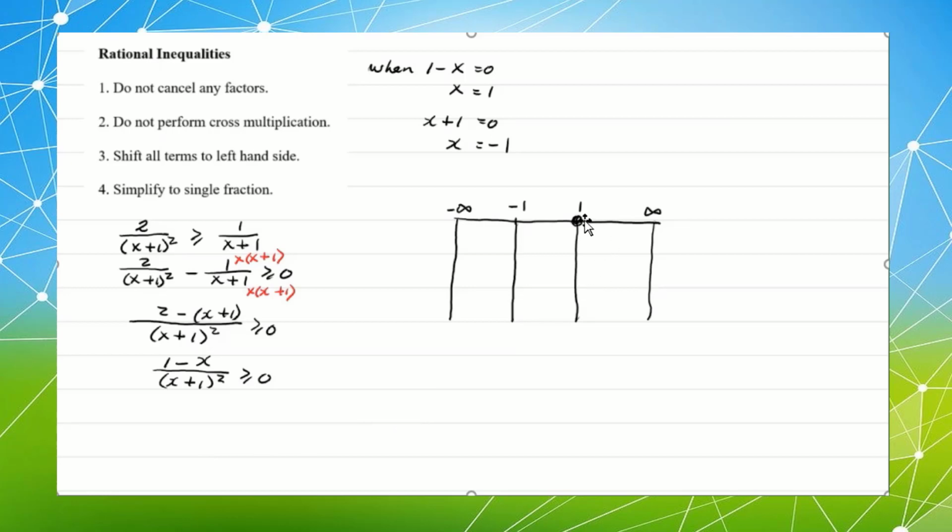So we label it as a solid circle. Then x equals negative 1 comes from x plus 1, which is the denominator, and we know that the denominator is not allowed to equal 0. So we use an empty circle here.